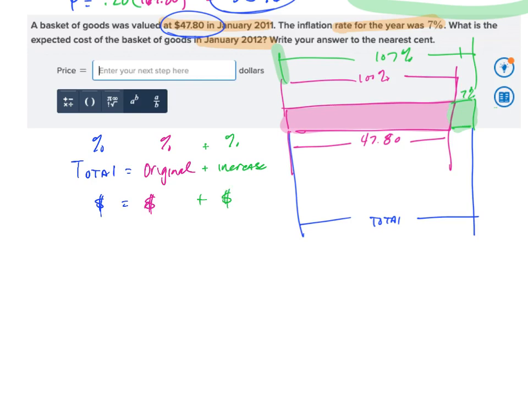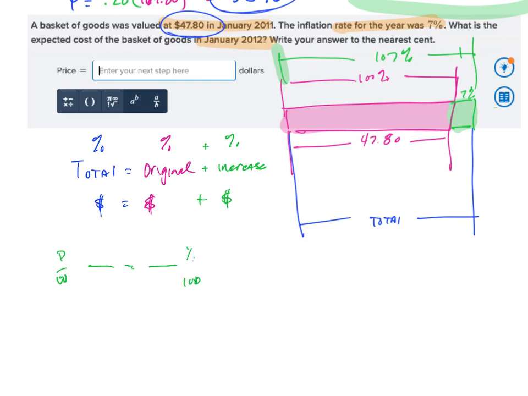And it doesn't matter. I'm going to still use the percent equation. You could use the proportion if you wanted. You could say, well, I'm going to have part over whole equals the percent over 100.